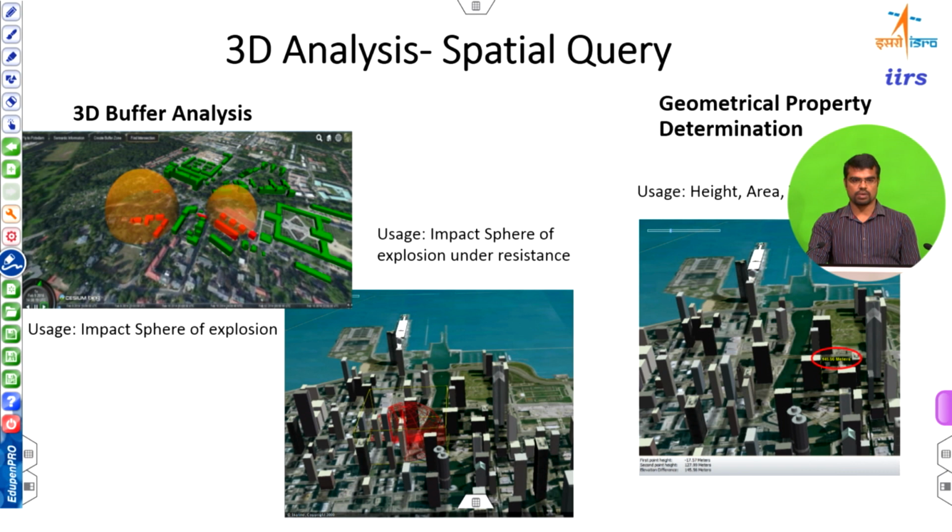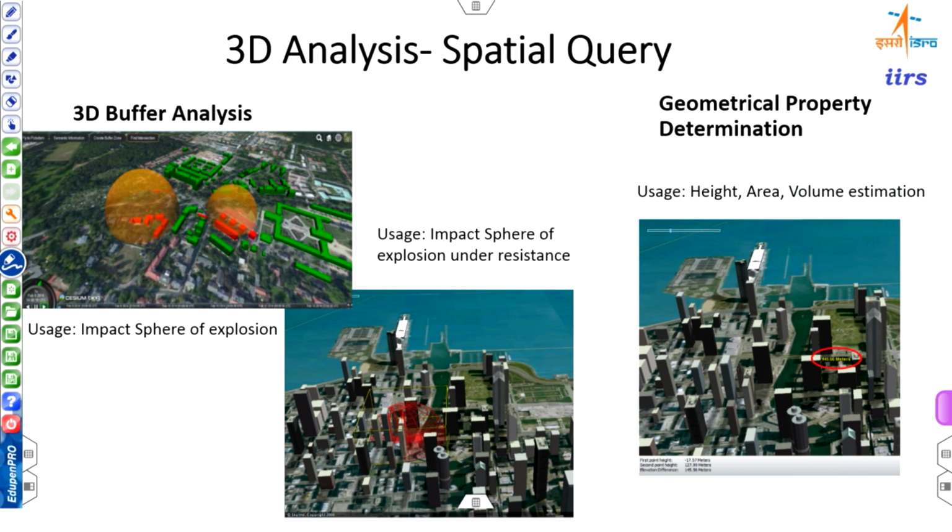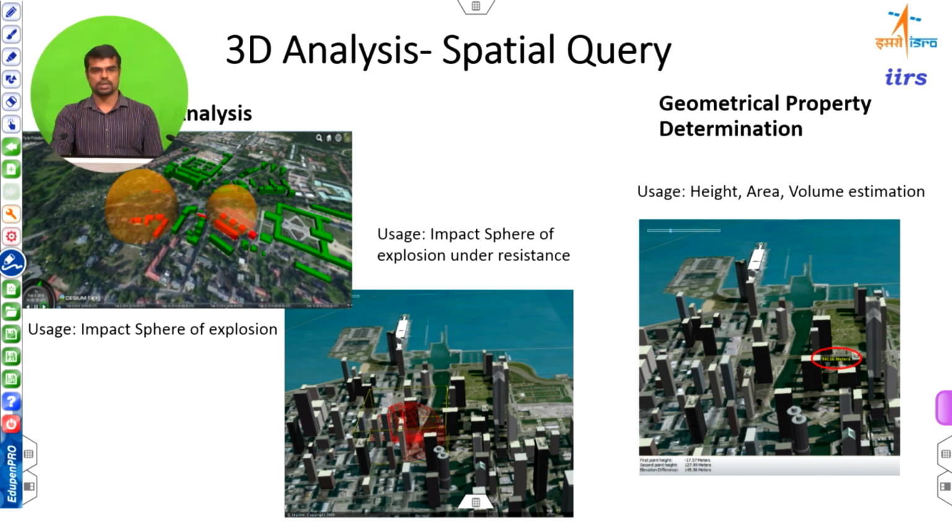We can carry out real geometrical property determinations. For example, the height estimation of a particular building. We can also find out what exactly is the surface area of these buildings, and what exactly is the volume of that particular building. All these can be used for different planning purposes.